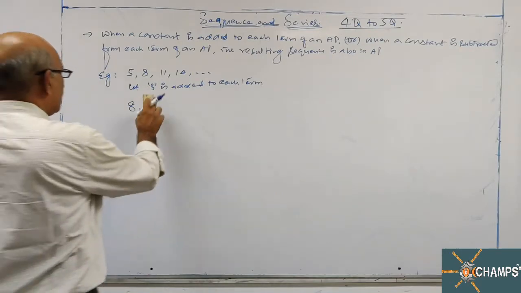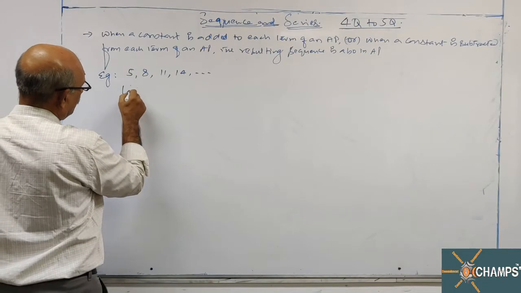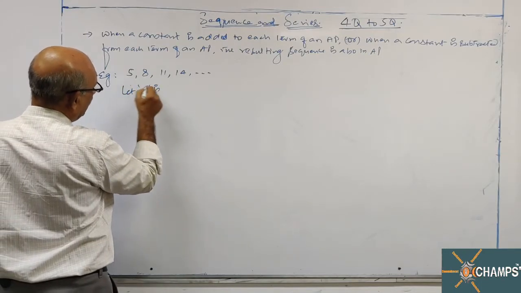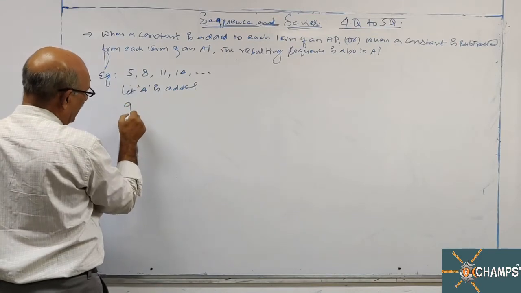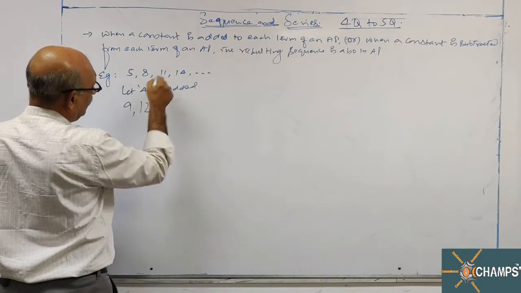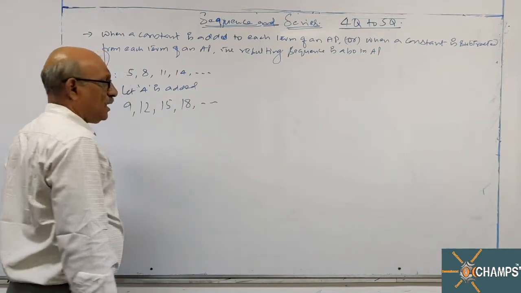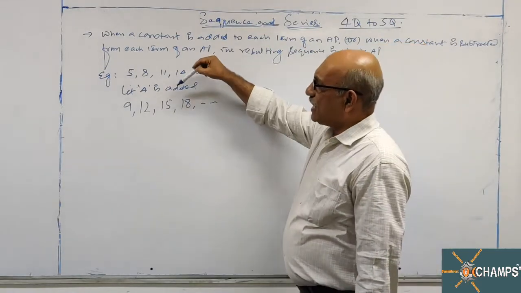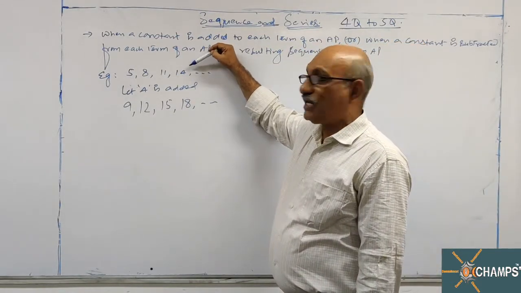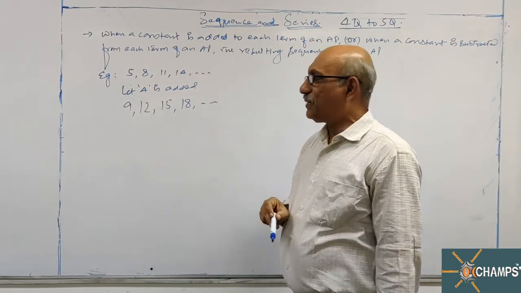Let me add one more number rather than 3. Let 4 be added. 4 plus 5, 9. 8 plus 4, 12. 11 plus 4, 15. 14 plus 4, 18, etc. When a constant 4 is added to each term of the given sequence, another sequence is obtained.